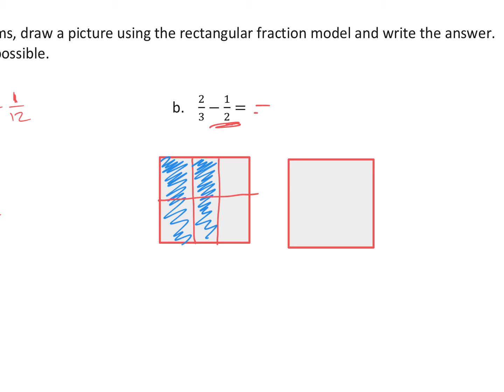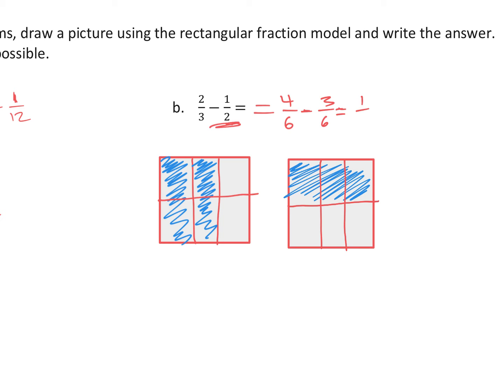And so my 2/3 becomes 4/6. And now I'm going to come over here and I'm going to do my 1/2. So I cut it the half this way before, so I'm going to do it again like that. And then I'm going to color in the half. And then I'm going to cut that into thirds, and that gives me 3/6. So 4/6 minus 3/6, we have 1/6, right?